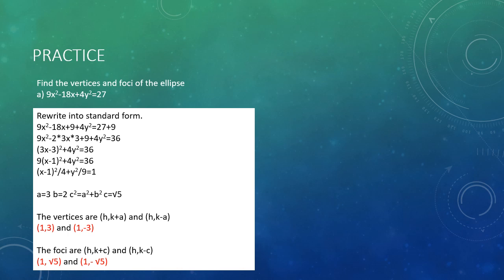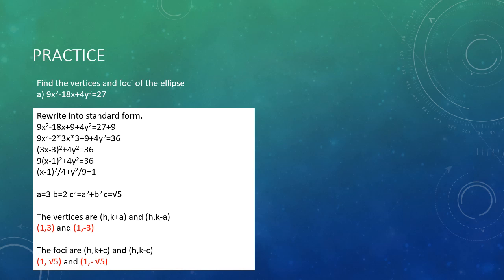Then you'll get (x minus 1) squared over 4 plus y squared over 9 equals 1. Using the formula, that means a is equal to 3, b is equal to 2, and since c squared is equal to a squared plus b squared, c would be equal to root 5.